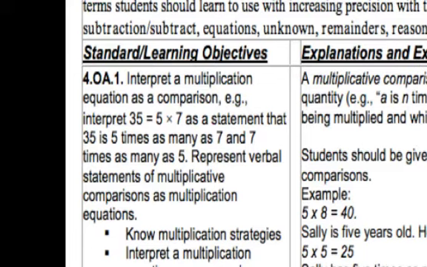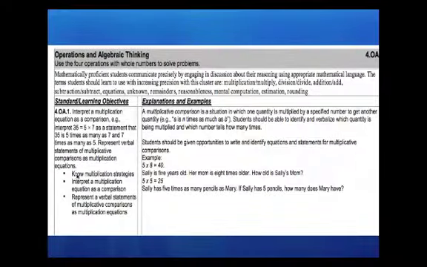So it goes on to say then to represent verbal statements of multiplicative comparisons as multiplication equations. So you can see that it's unpacked here. There's some explanations and examples given in this document, which is really helpful for us to clearly know what this standard is asking.